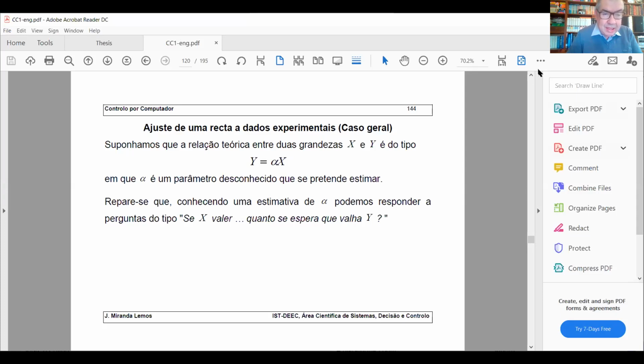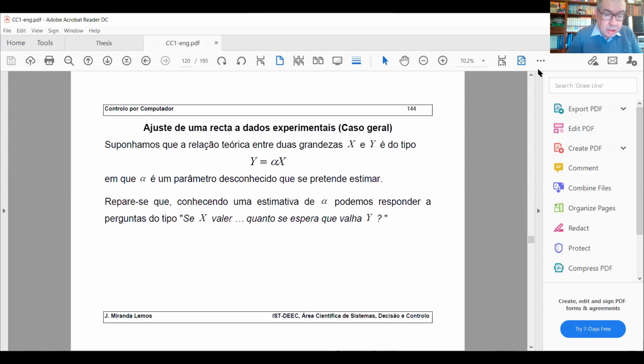Y is not exactly alpha x. If y was alpha x, you could say, well, alpha is just y over x, so give a value to x and compute the value of alpha by y divided by x for that experiment. But actually, this is not so.